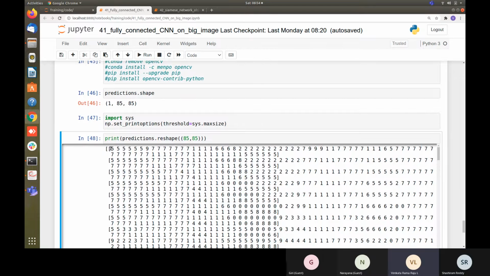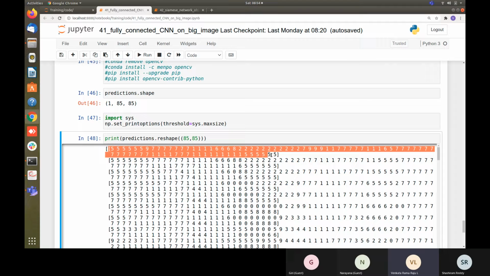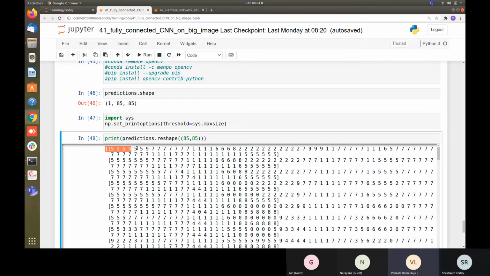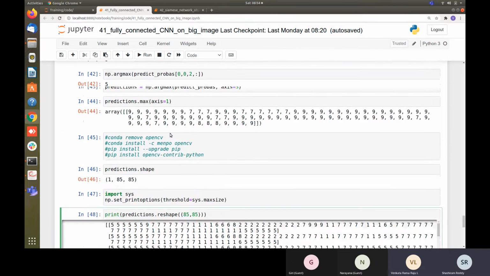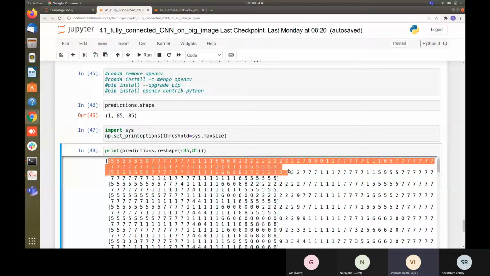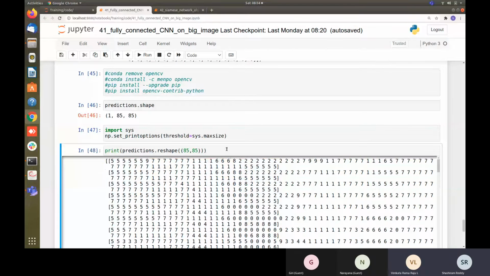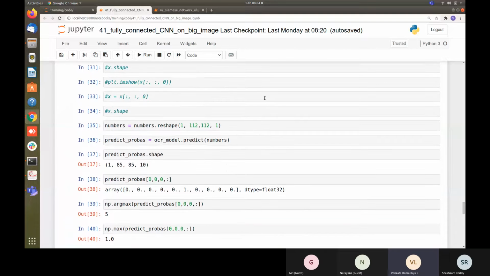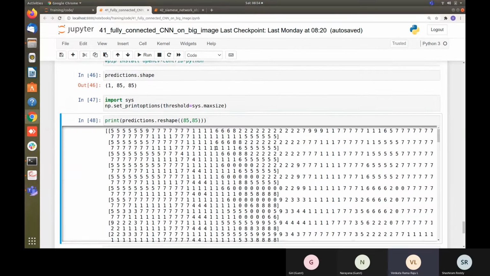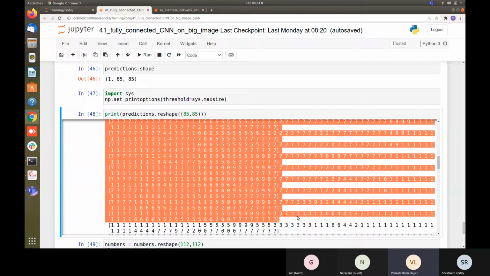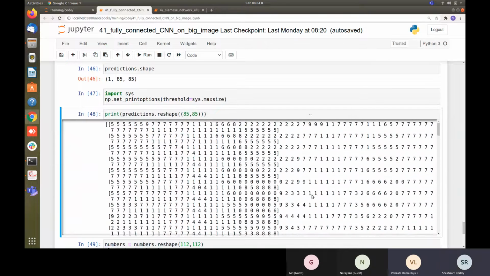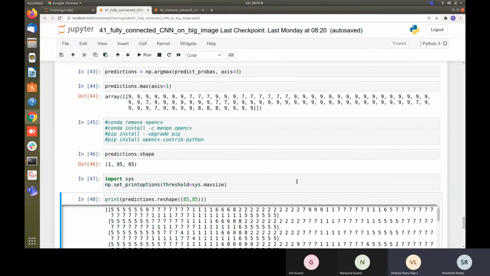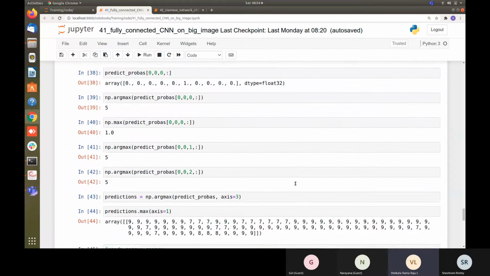We are getting these numbers multiple times. 85 by 85 number of times it is doing the sliding, and we are getting these numbers multiple times, because if we applied non-max suppression and intersection over union, we would have got fewer numbers. Got it? Non-max suppression means intersection over union.